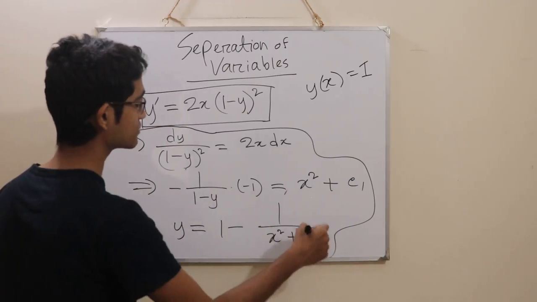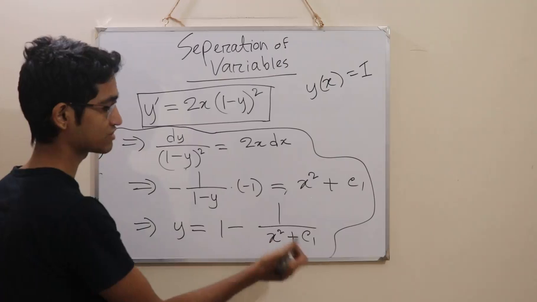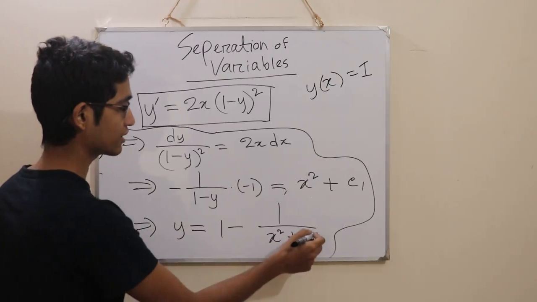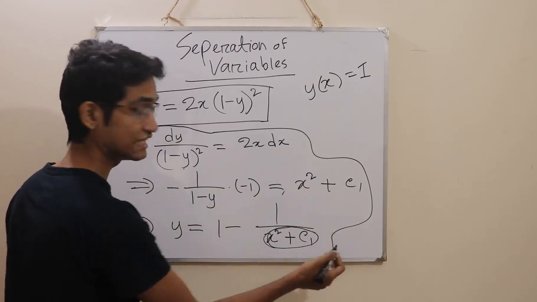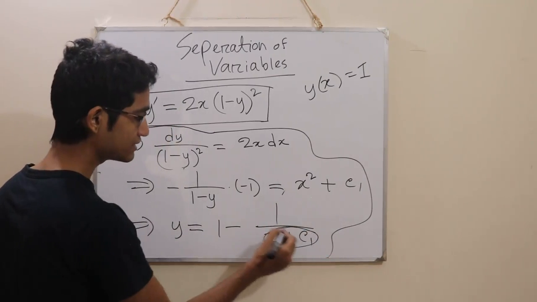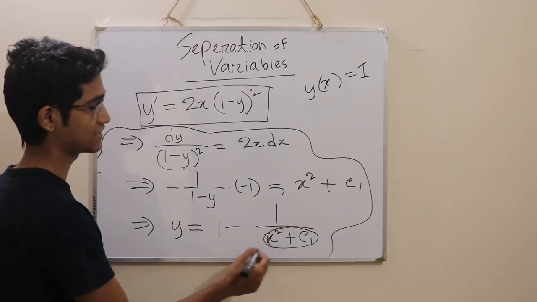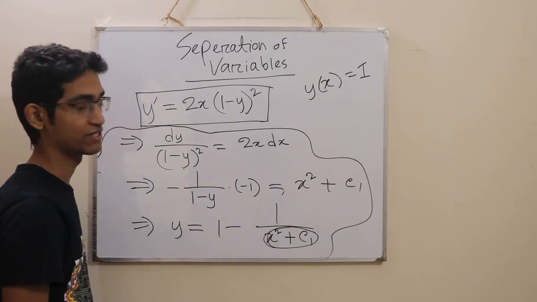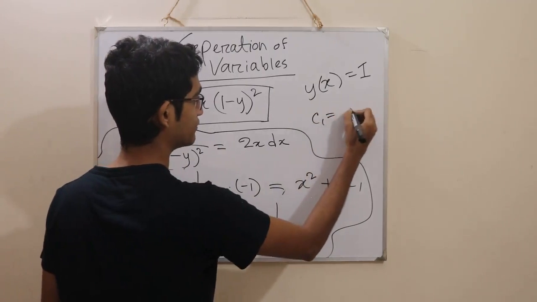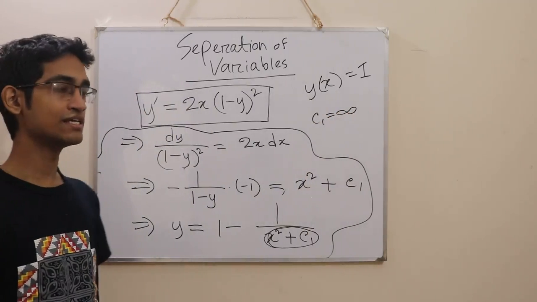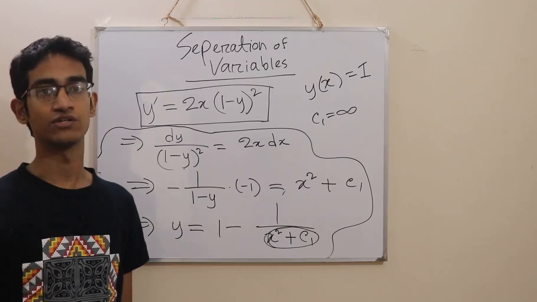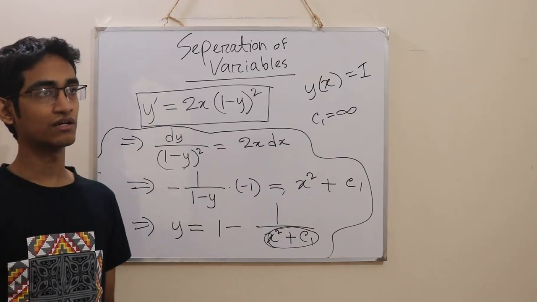And how will this become 0? This is a ratio, 1 over something. So we have to make this denominator infinity. Now if this has to be infinity, we cannot change x squared. We can only change the parameter. So we have to set c1 equal to infinity. Now, as I have told you, infinity is a number that we can never get to. It's a conceptual number.